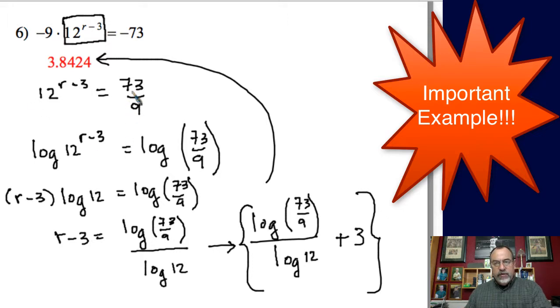If I took the decimal approximate up here as 73 divided by 9, and then took the logarithm and the decimal approximate of that, and then divided by this decimal approximate, by the time I got down to here, this number is going to be a bit further off, and I'm not going to get 3.8424. I'll get something close, but it's not going to be quite this number because I've been using estimated numbers all the way back from step 1.